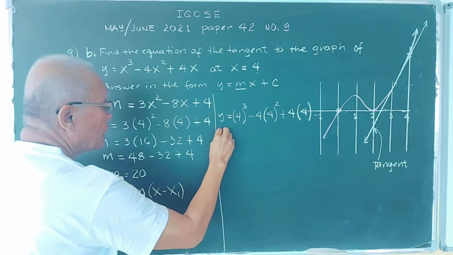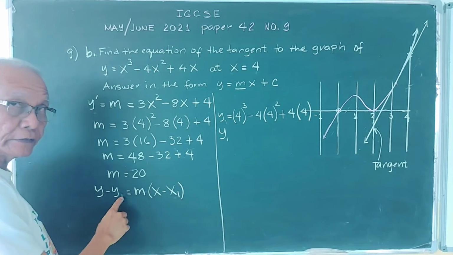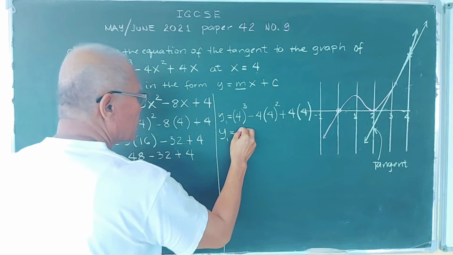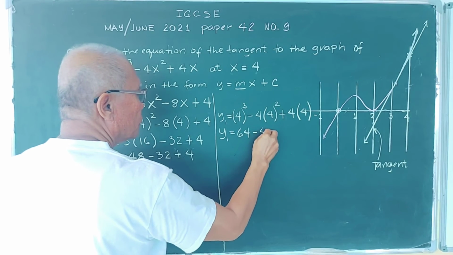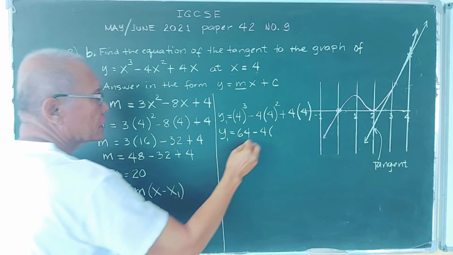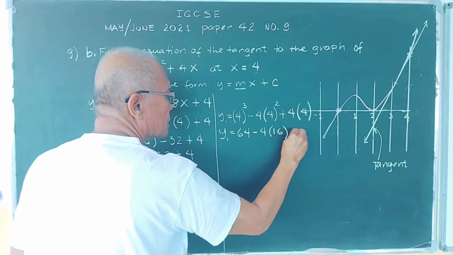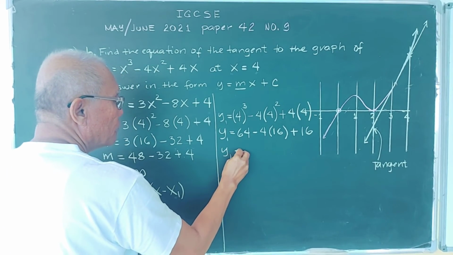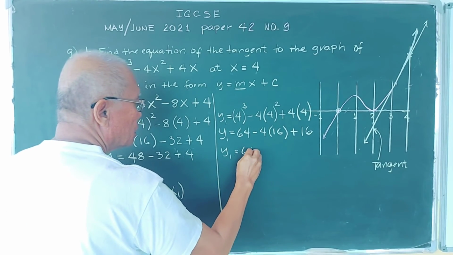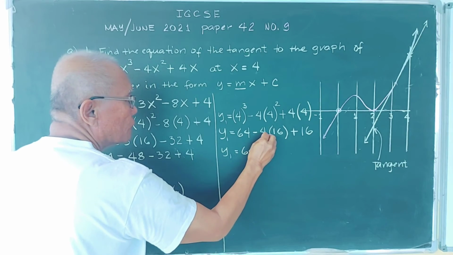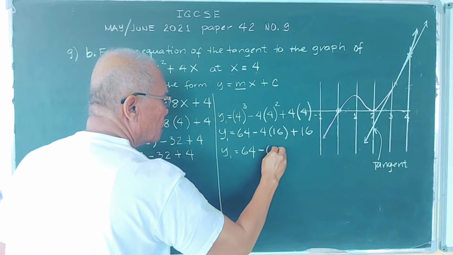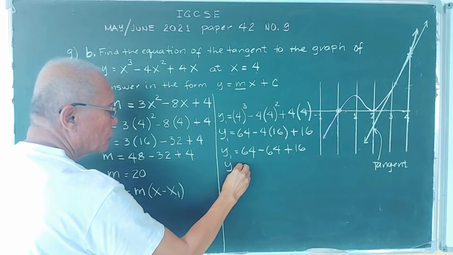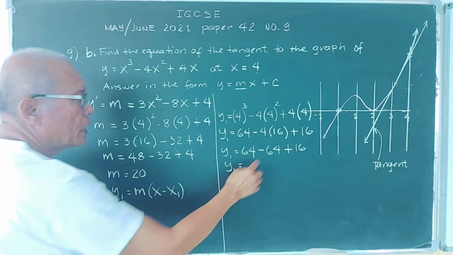So our y sub 1 is equal to 4 times 4, 16 times 4 is 64, minus 4 times 16, which is 64, plus 16. Then y sub 1 is 64 minus 64 is 0, plus 16.